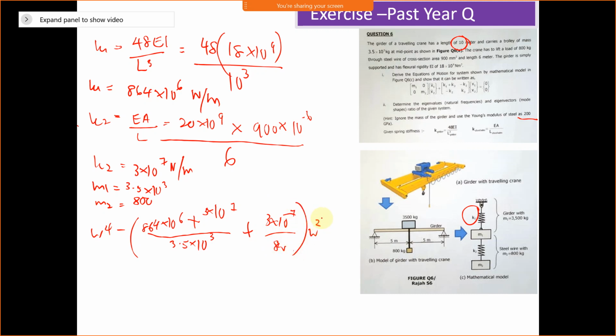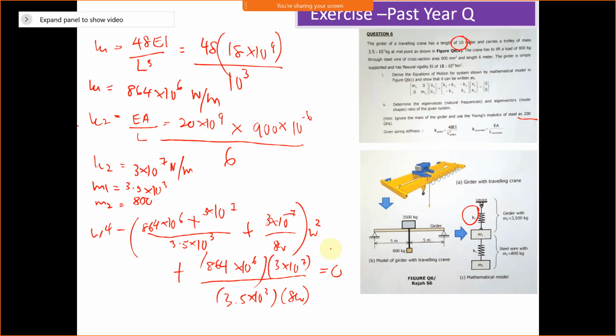squared plus with 864 which is K1, K2, 864 times 10 to the power of 6, 3 times 10 to the power of 7 over 3.5 times 10 to the power of 6 times 800 equals to 0.